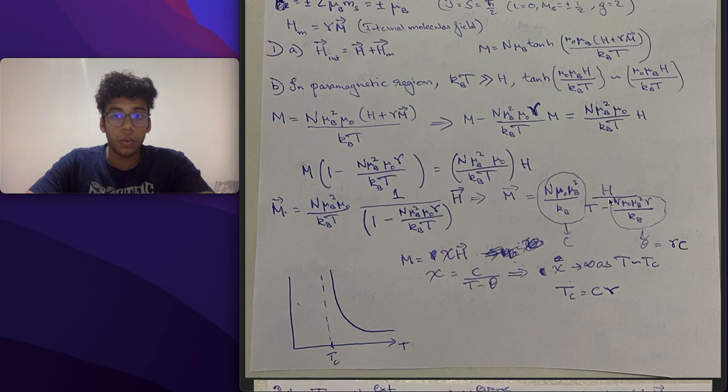So we call this term here C, and we call this term here theta, which is basically gamma C. Now we can define M, magnetization, is equal to susceptibility times H, so times the field. So susceptibility is defined as C by T minus theta.